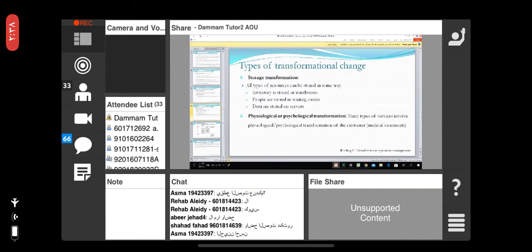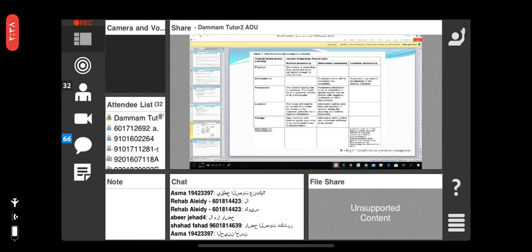Okay, as I told you, operation management comprises two factors: transformational process and transformational change. If we look at this example, if you have a bakery, we need to connect transformational process with transformational change.